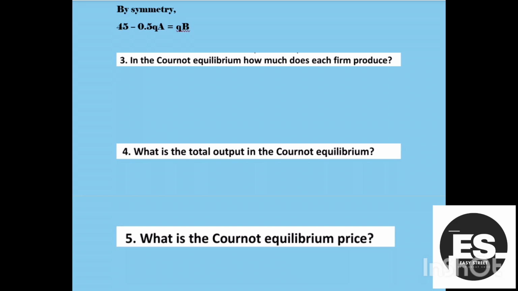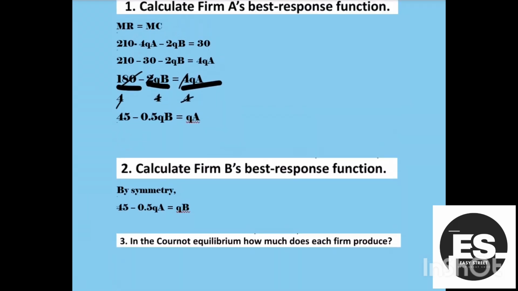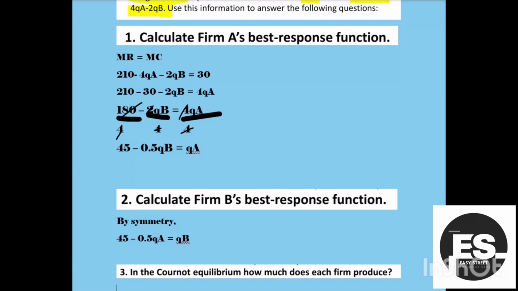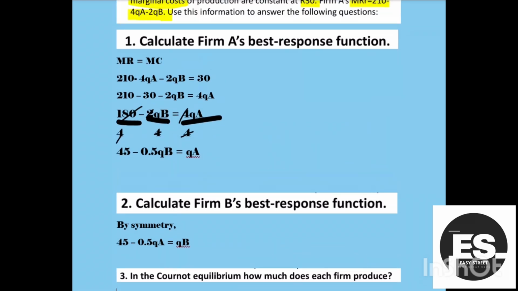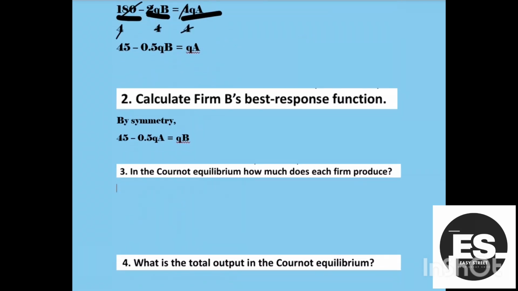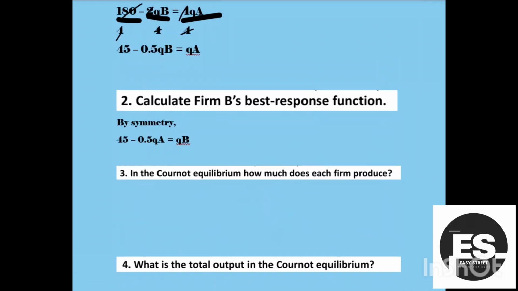Now, if you watched our last video, we calculated firm A's best response curve and firm B's best response curve. Usually this is where it gets complicated for people, because they take the first equation and replace QB with this.